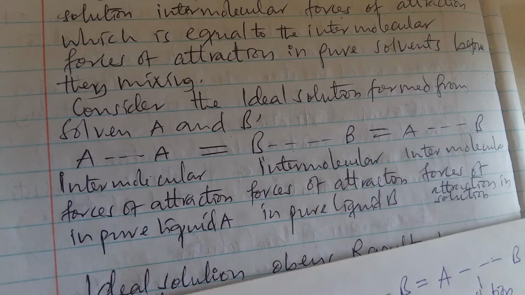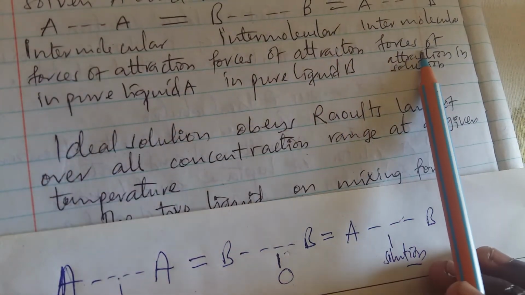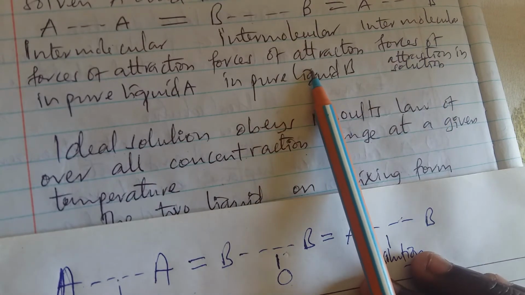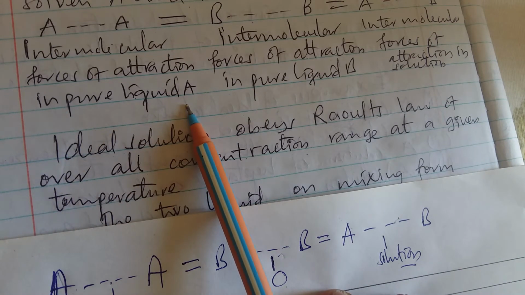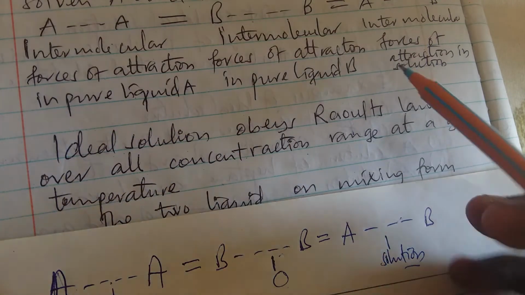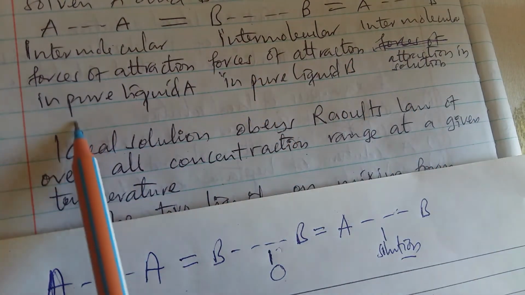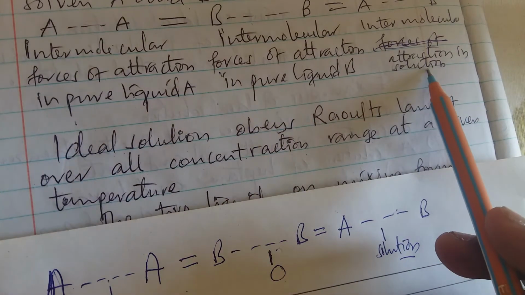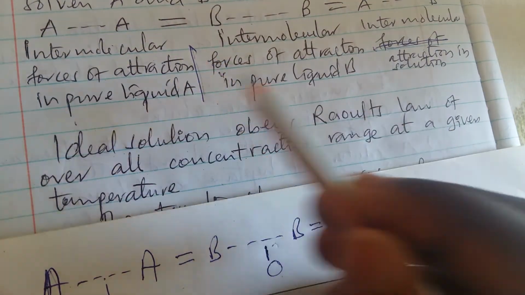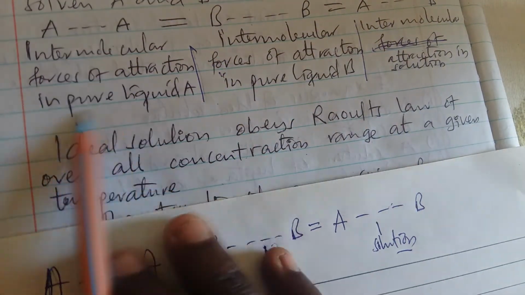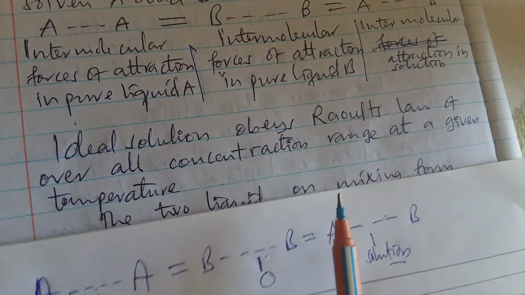So tunachokisema ni kwamba intermolecular forces of attraction in pure liquid A, and in pure liquid B. So yeah, this is the labeling of the diagram: intermolecular force of attraction in pure liquid A, intermolecular force of attraction in pure liquid B, and this is the intermolecular force of attraction in the solution.